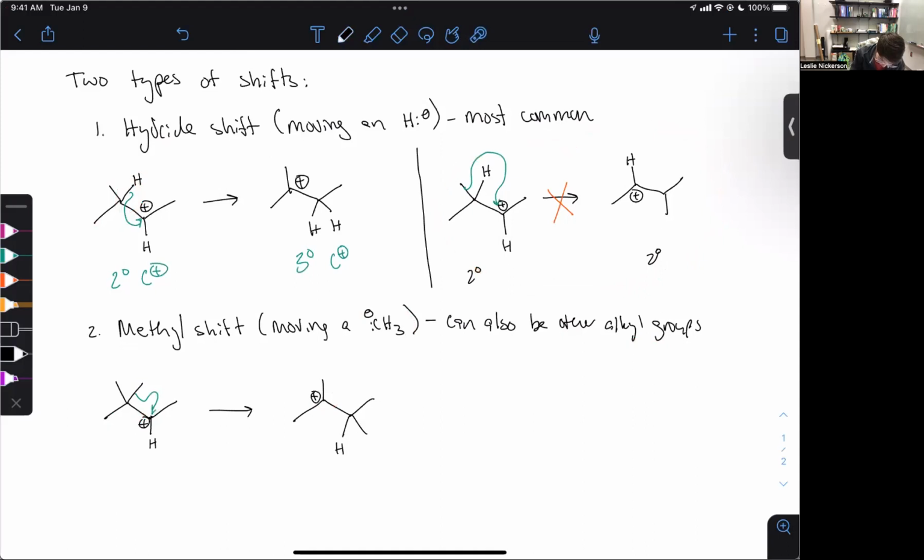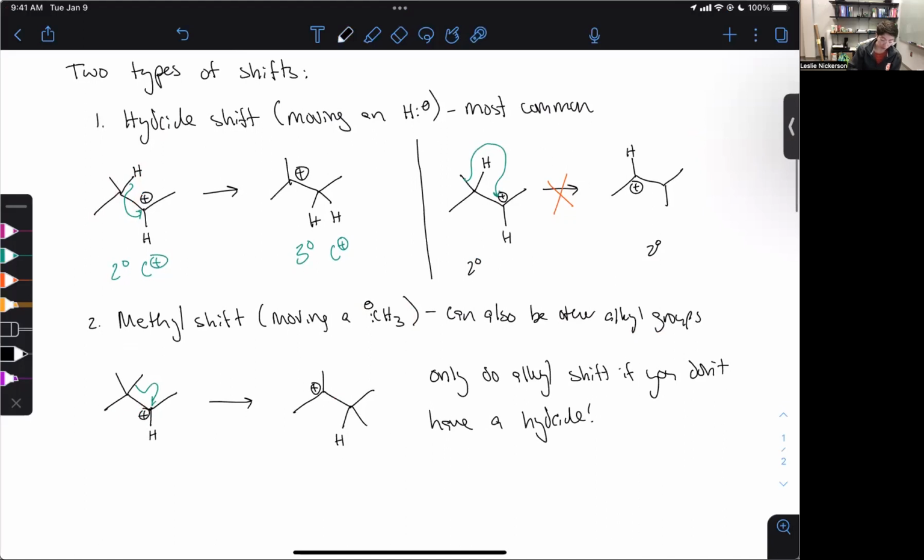So we'll make a little note here. We're only going to be doing alkyl shifts if we don't have a hydride to move.